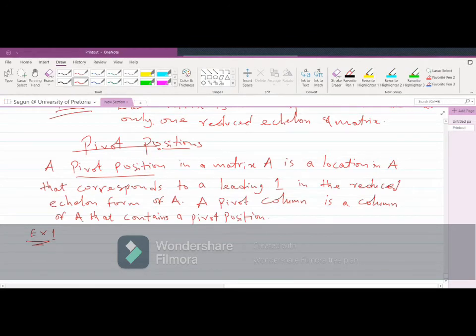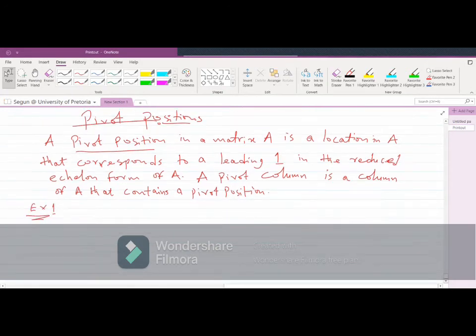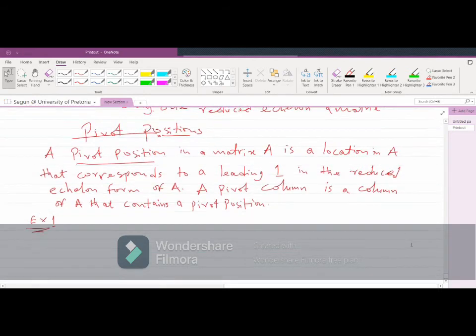Example 1 says, write the echelon form and the reduced echelon form of the following matrix. Okay, the matrix says, excuse me.